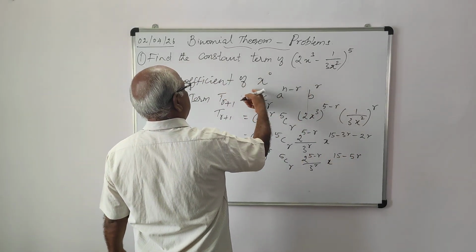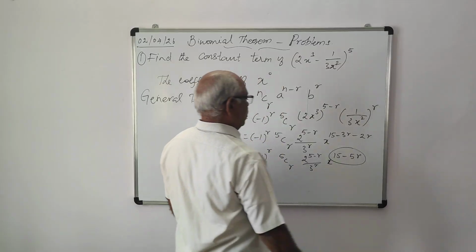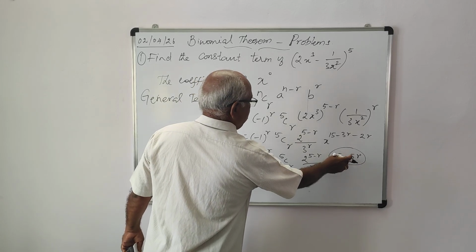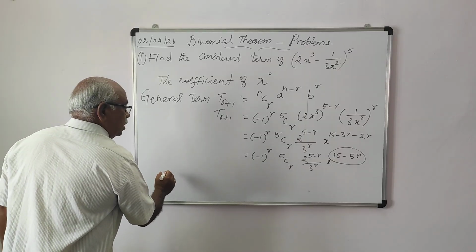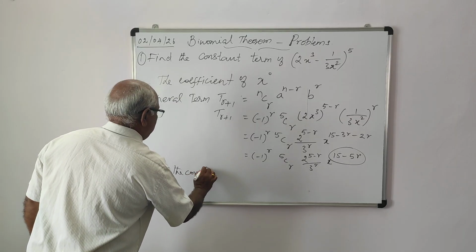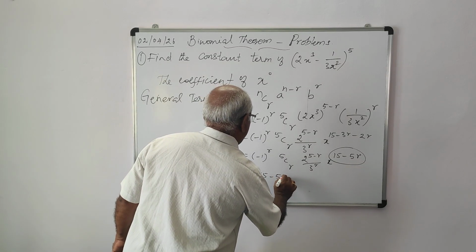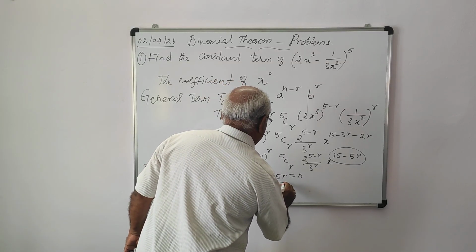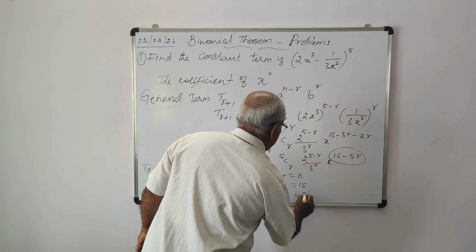Since the constant term is nothing but the coefficient of x power 0, we equate the power of x, 15 minus 5r, to 0. 5r equal to 15, then r equal to 15 by 5, that is 3.